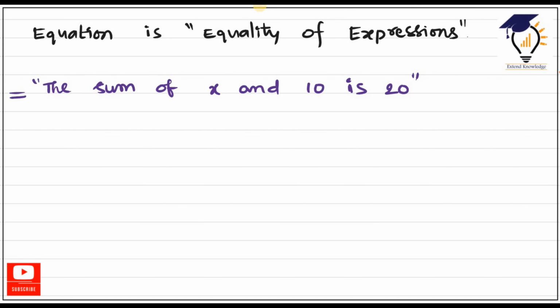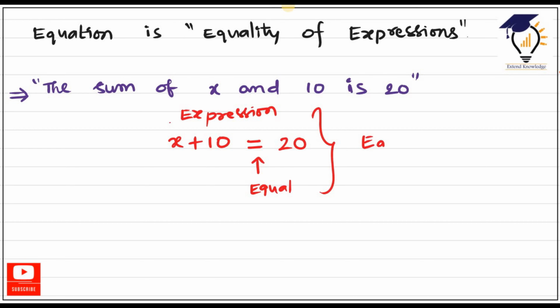The sum of x, a variable, and a constant 10 is equal to 20. So the sum of x and 10 is x plus 10, and it is equal to 20. Here we are equating the expressions. When we put an equal sign between the expressions, it turns into an equation. So overall this is called an equation.